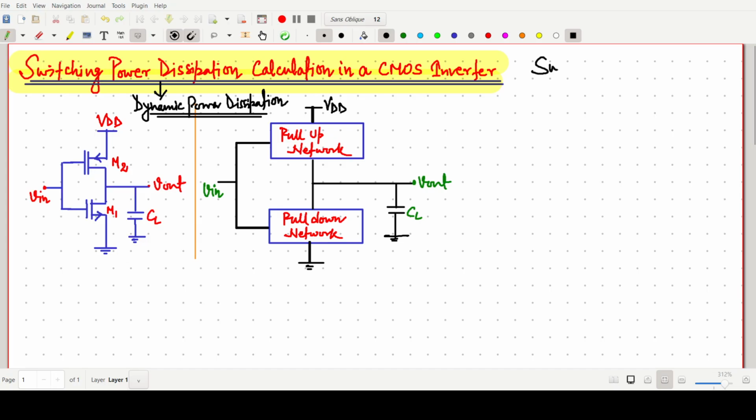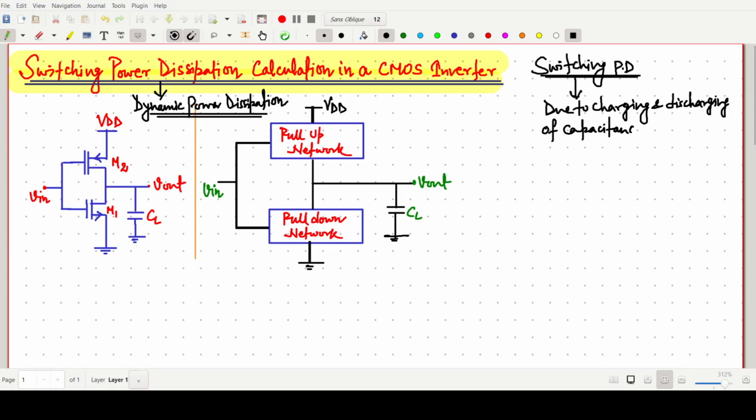So first we have to know something about switching power dissipation. I am writing PD. This switching power dissipation generally arises due to charging and discharging of capacitances. It may be our load capacitances or parasitic capacitances.